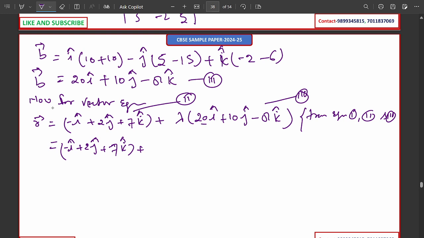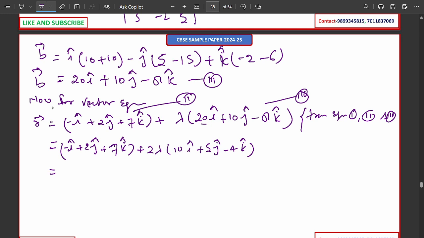We can take 2 common from here. So 2 lambda, this will become 10 i plus 5 j unit vector minus 4 k unit vector.